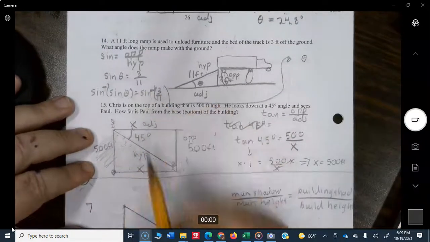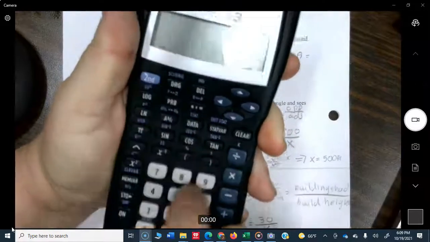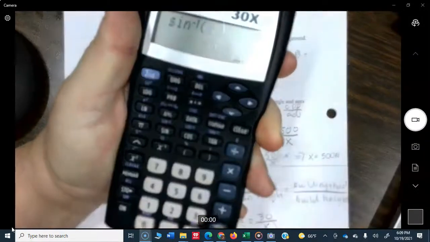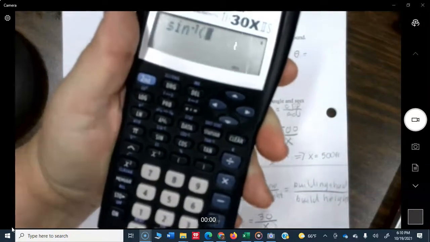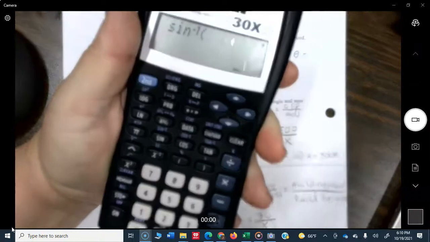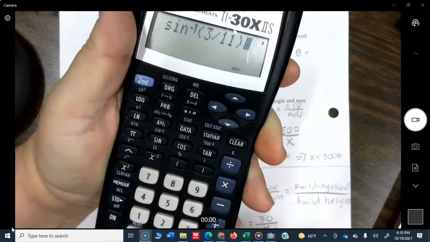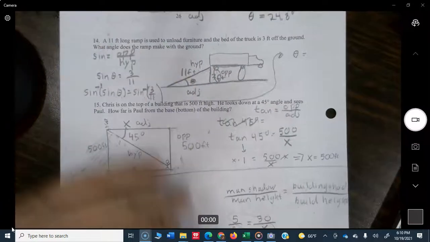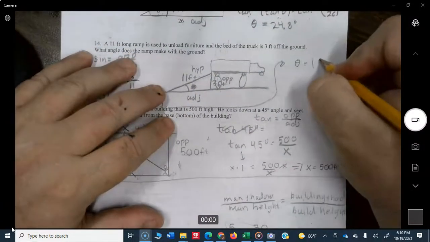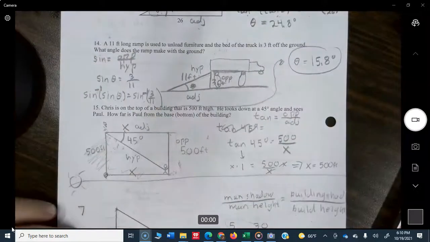So you come to your calculator. It's second and sine, and there it gives you the inverse. And it's 3 divided by 11. Close the parenthesis, and you get 15.8 degrees. That's the angle of theta. So 15.8 degrees is your answer. Okay, there it is right there.